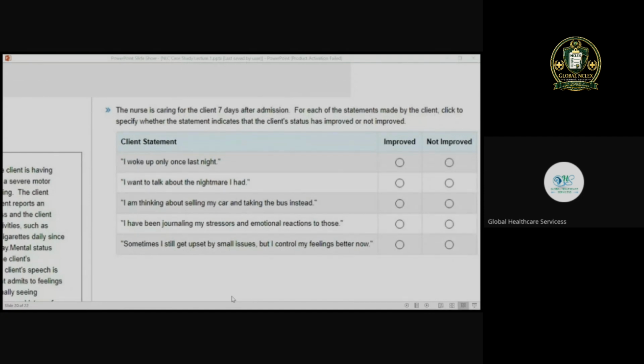Why is it improved? Because if you remember the history, the patient reported being unable to sleep. Now, I woke up only once last night. This is improved status.